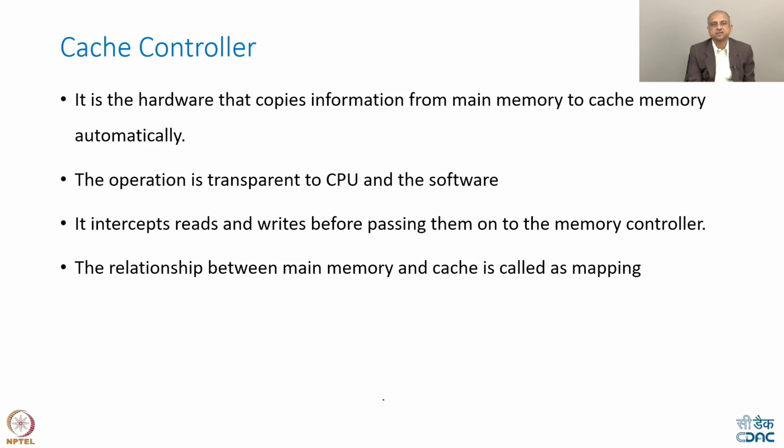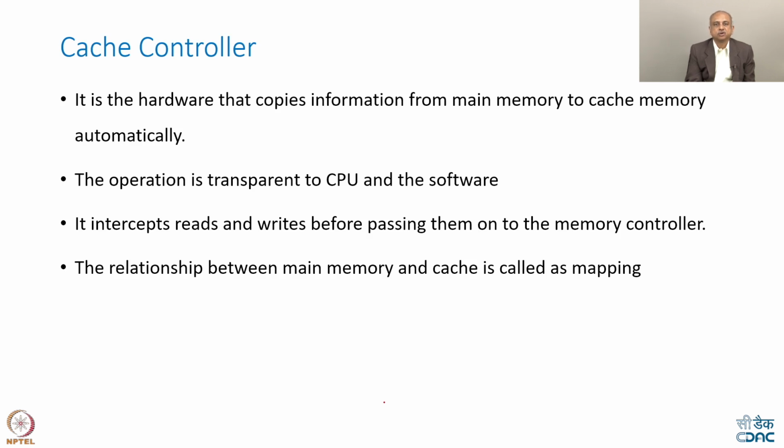While the software is running and if the cache is enabled, the software will find that the data is coming very fast. The job of the cache controller is to intercept the read and write operations on the main memory which the CPU is doing, check whether the tag matches, then serve the data from the cache or pass the access on to the memory controller.